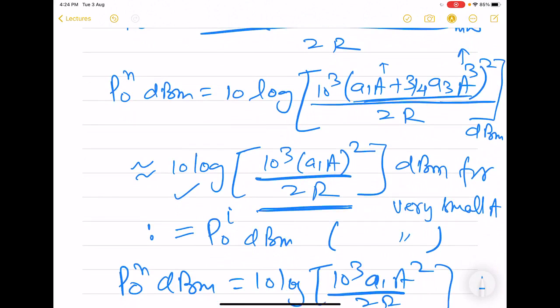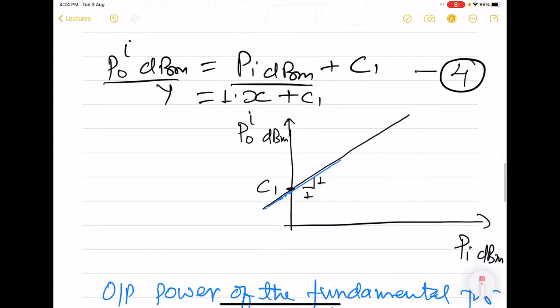So what will happen is the output power will become smaller than the small input case. That means the output will now start reducing like this. So this is the nonlinear P_O, and earlier one was the ideal case.